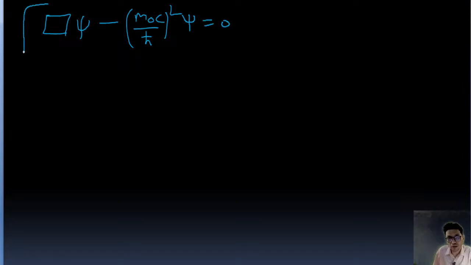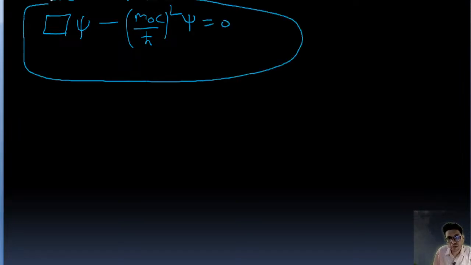So this is called KG equation, guys. KG equation means Klein-Gordon equation.